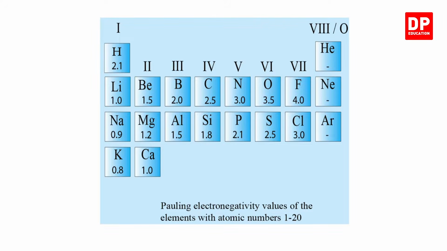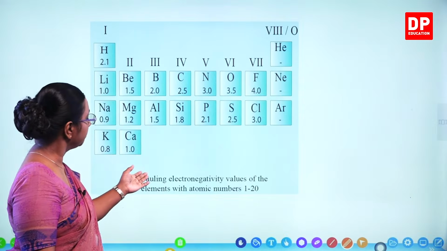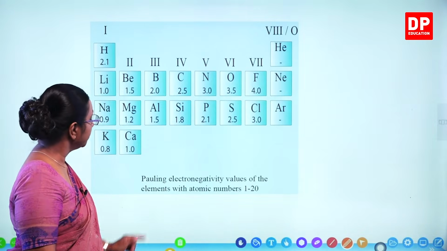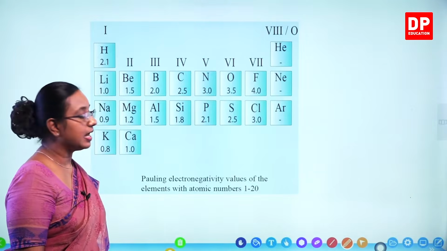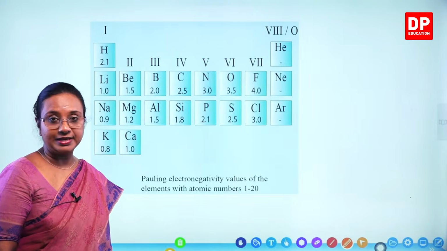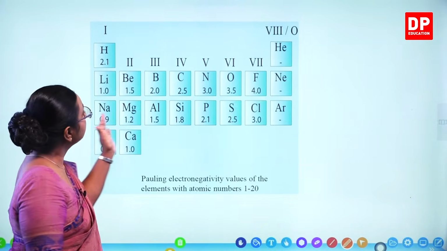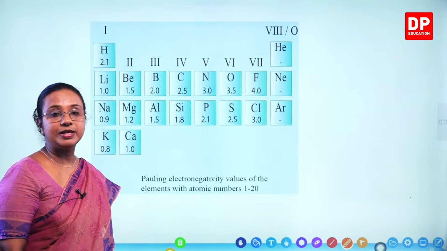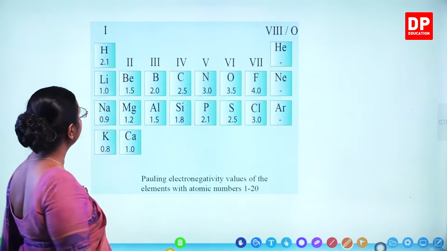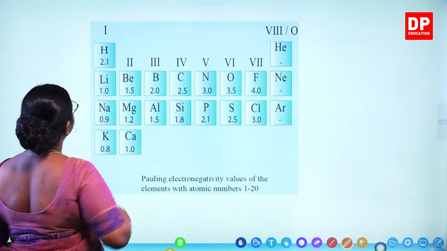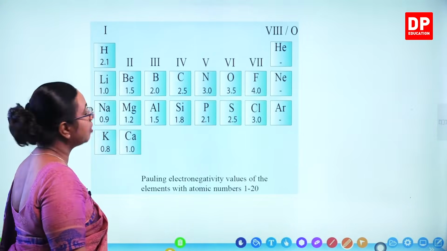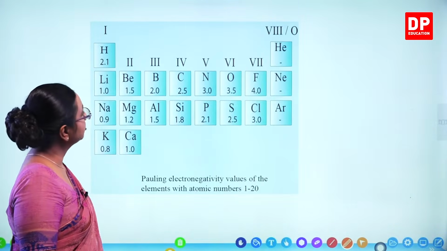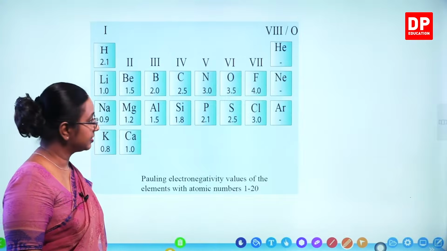This is the periodic table which shows the Pauling's electronegativity values of the elements with atomic numbers 1 to 20. If you look at this periodic table and the elements with their electronegativity value, the first element has a value of 2.1. That is the electronegativity of hydrogen.